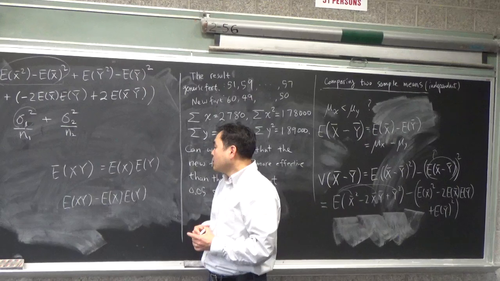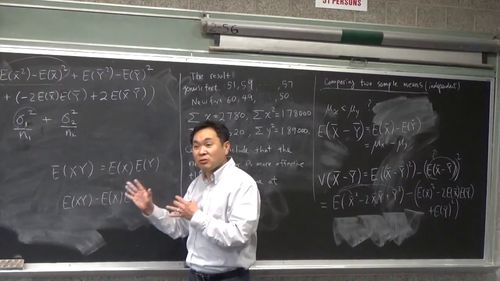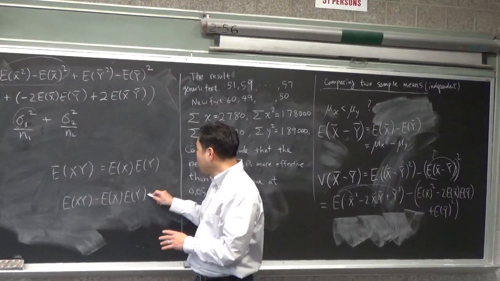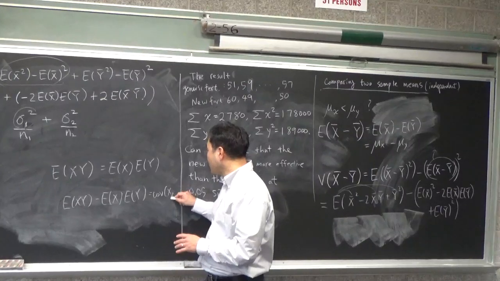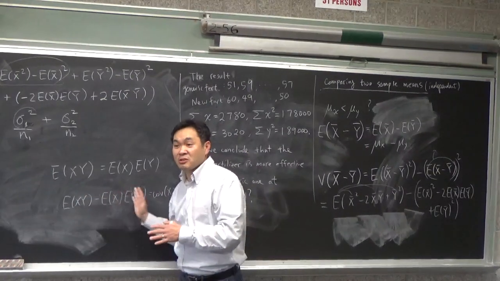But if this is not zero, that means they have some kind of correlation between them. This has a name: this value is called the covariance of x and y. It just measures how much these two things differ.